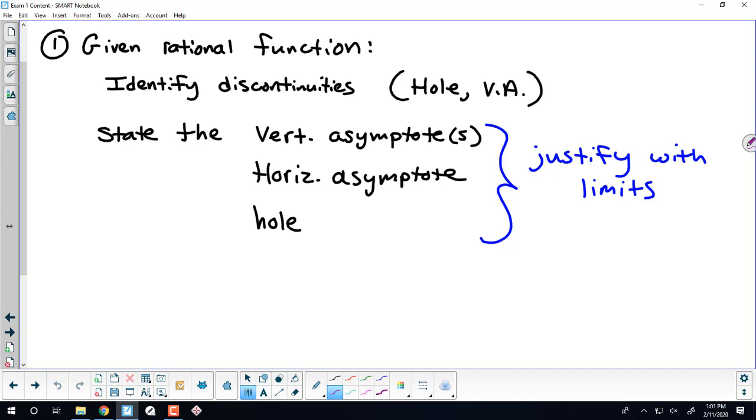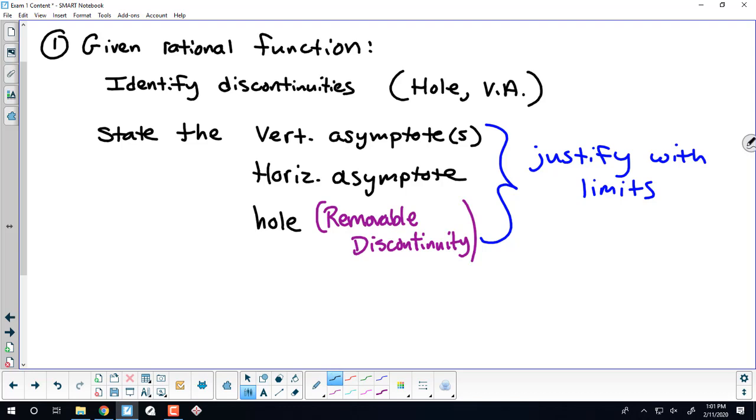Holes are referred to as removable discontinuities. Not that I'll test you over that, but you should know that the hole is called a removable discontinuity. They're one and the same. So we have one question for that.